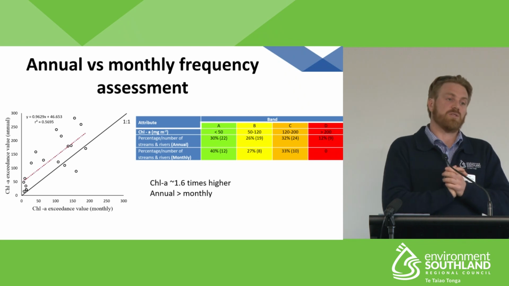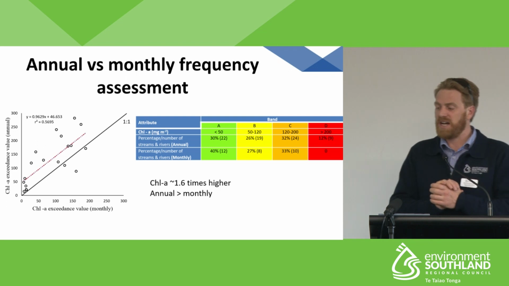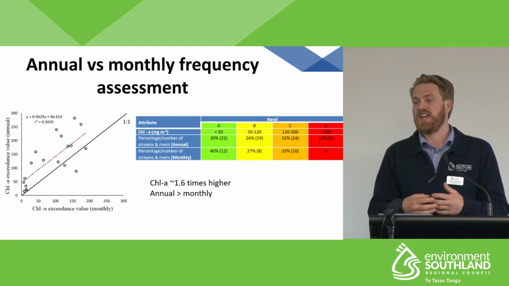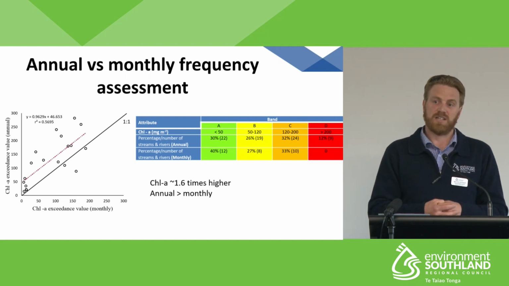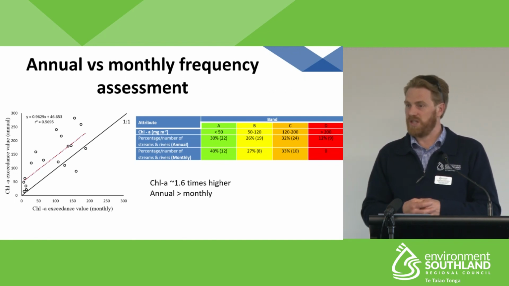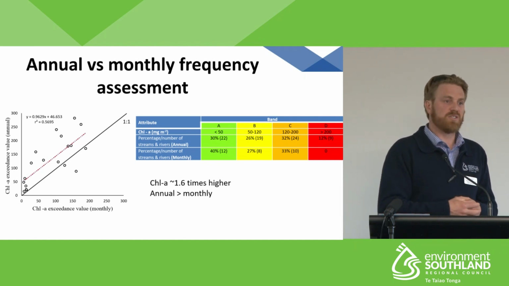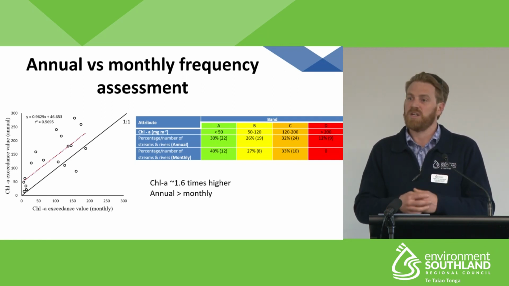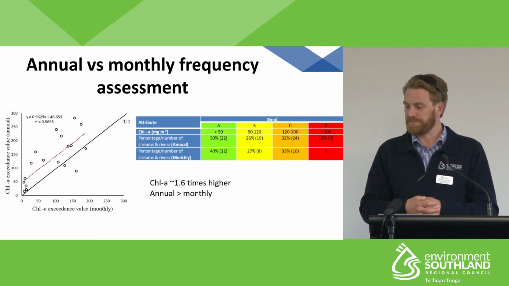Chlorophyll A from annual frequency data was on average 1.6 times higher than the chlorophyll A from monthly frequency data, and that meant that assessments of state that had previously used annual data were generally biased towards a worse condition than assessments made using monthly data. It wasn't really a surprise, given that annual samples had been collected during the summer period, which is when primary production is high in rivers and the majority of growth occurs.